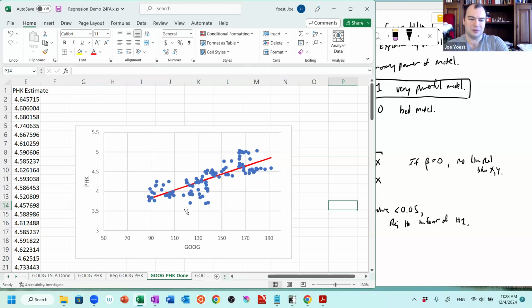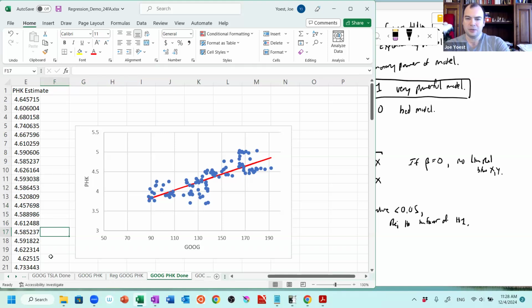I mean, there's a few of them, maybe on the bottom in the middle, where they're kind of far away, but overall, this red line is fairly close to most of the data points. This is probably a model that I would use, right? It's not the best model that I've ever seen in the world, but it's certainly not a bad one. It's not like those previous two that have very low explanatory power, and the picture just didn't look like it was modeling that data at all.